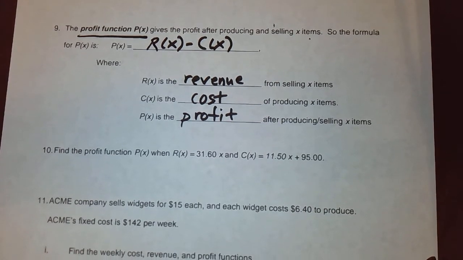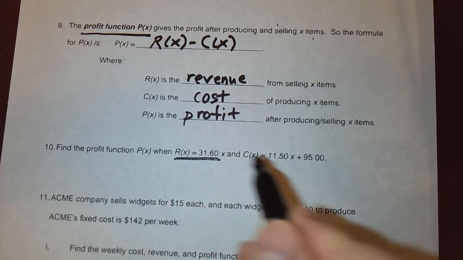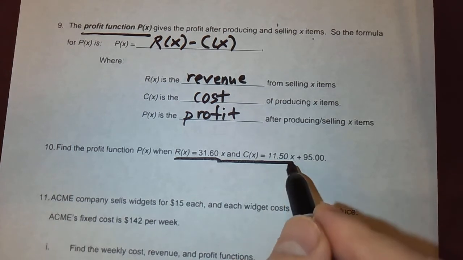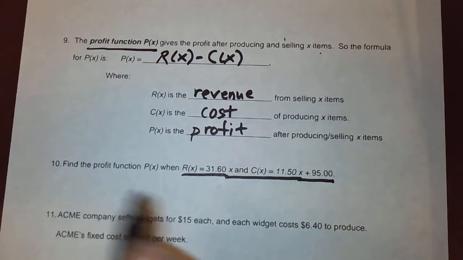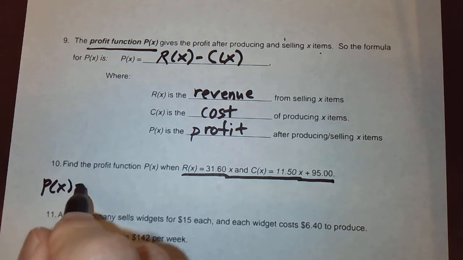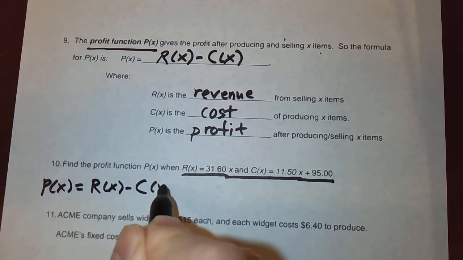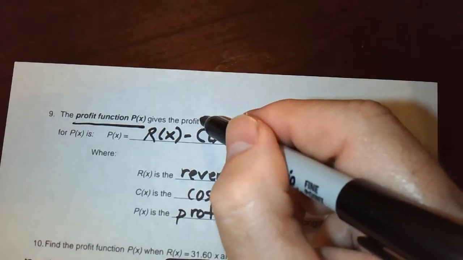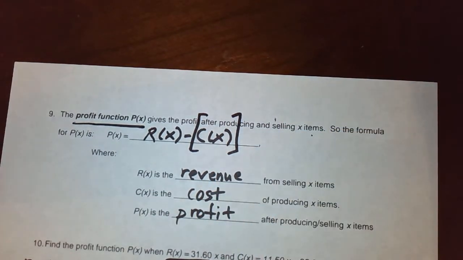So number 10 is fairly straightforward. We're given the revenue function and the cost function. So find the profit function. I'll start way over here to the left. It's R of X minus C of X. You may want to write parentheses or brackets around the cost function.